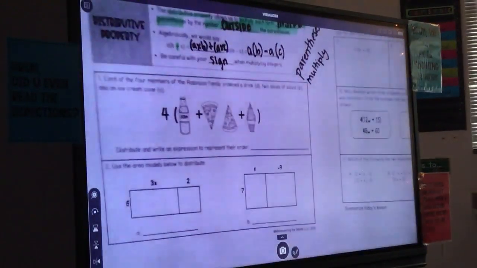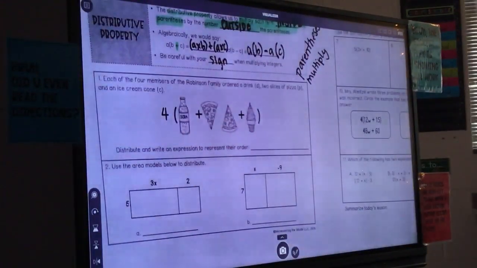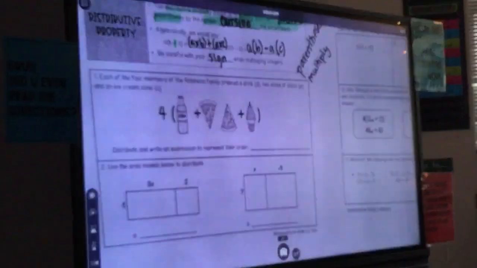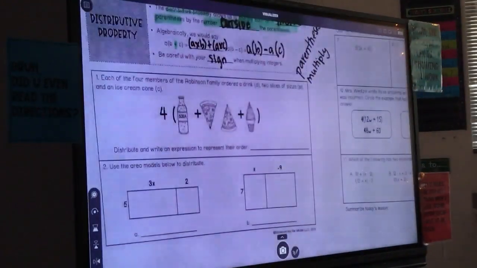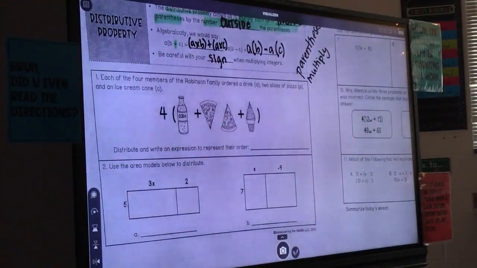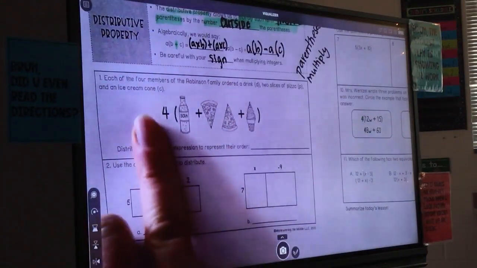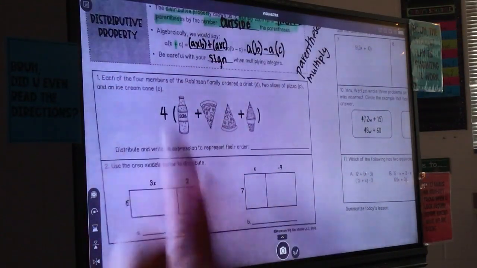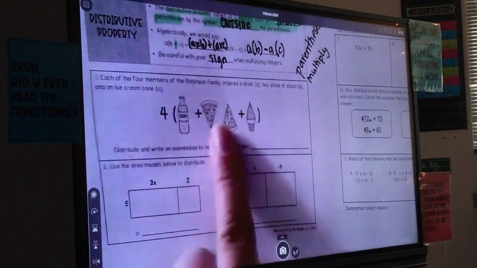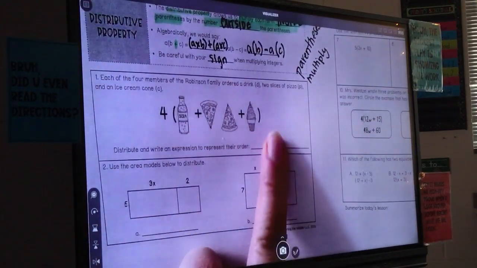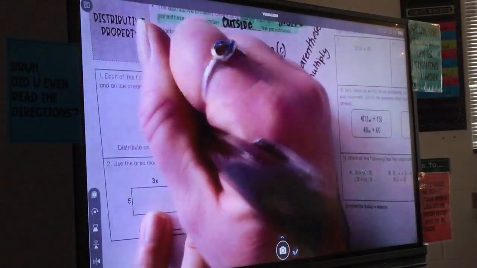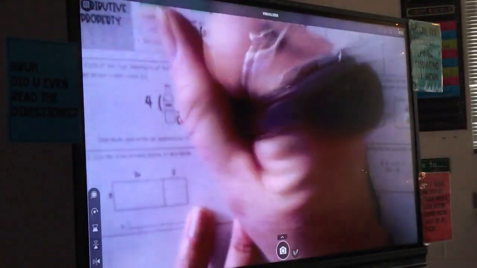It says each of the 4 members of the Robinson family ordered a drink, 2 slices of pizza, and an ice cream cone. So we have 4 on the outside of our parentheses, and then we technically have soda, 2 slices of pizza, and 1 ice cream. So we're going to do D for drink, P for pizza, and C for ice cream.